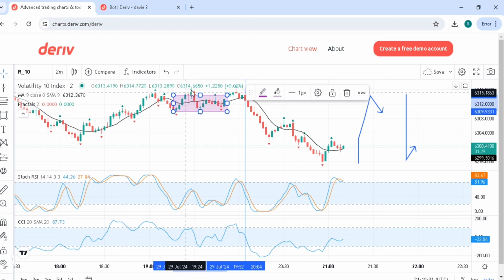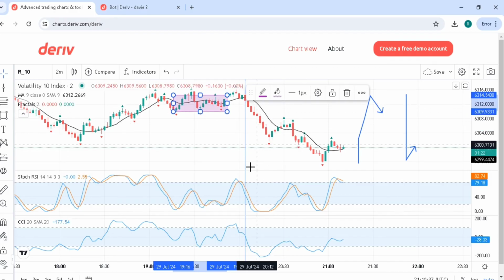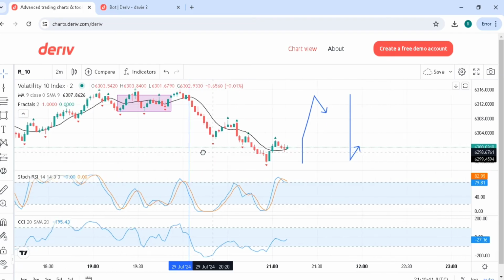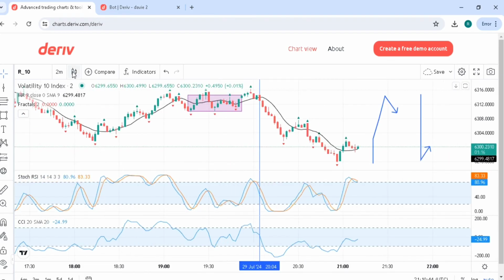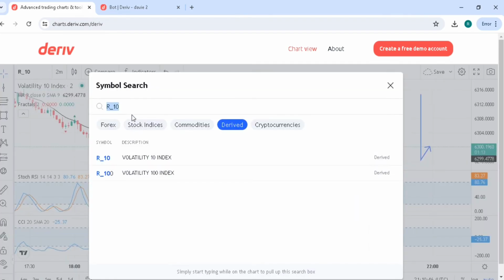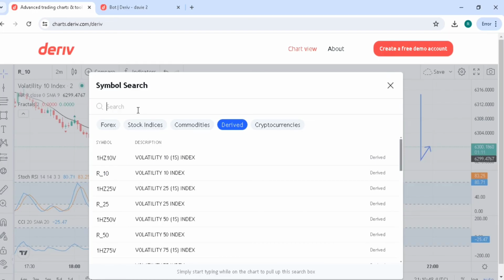This one is almost horizontal. It is kind of a ranging market, so you want to keep off that. But this one is a nice point of entering a market. Now let's look for another market.